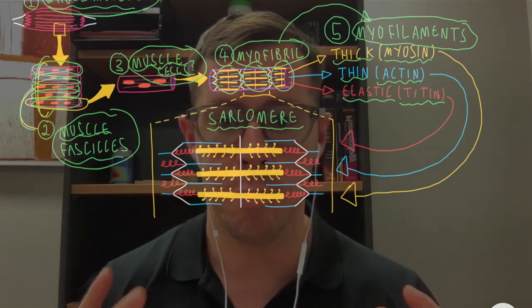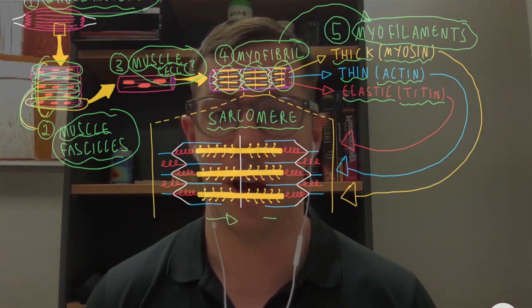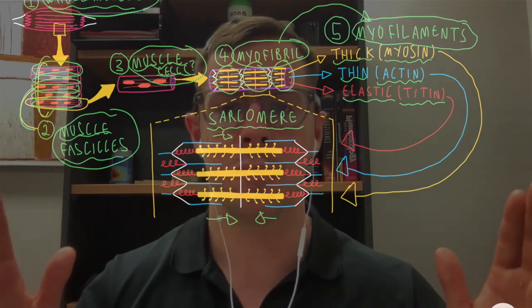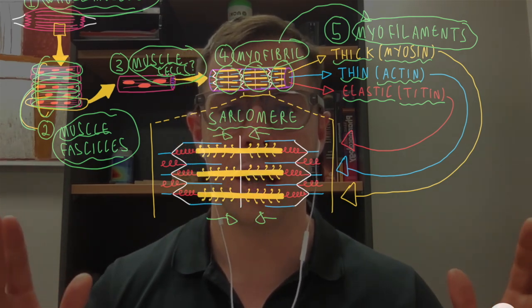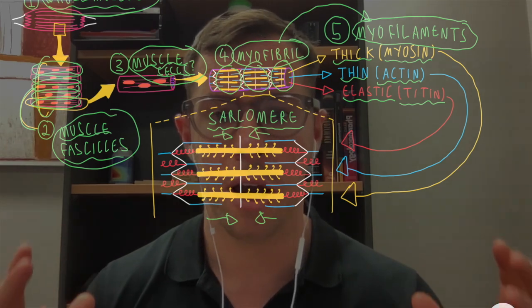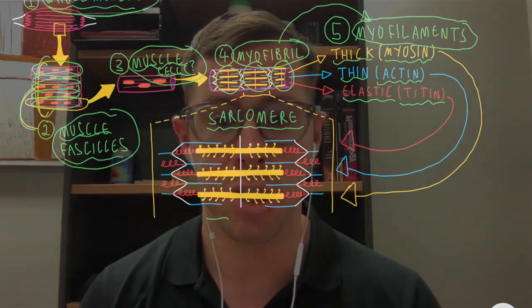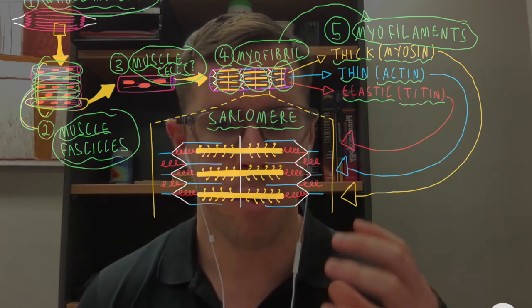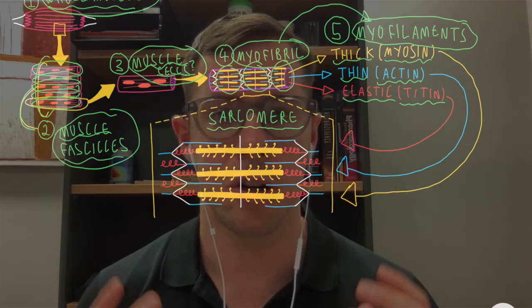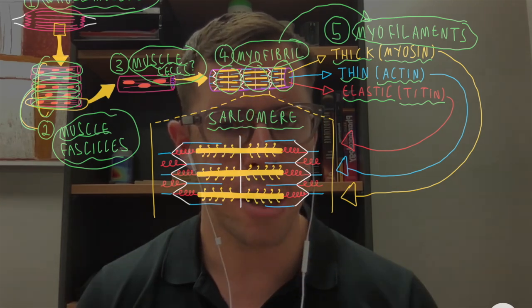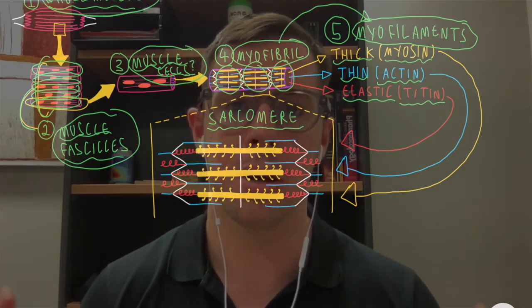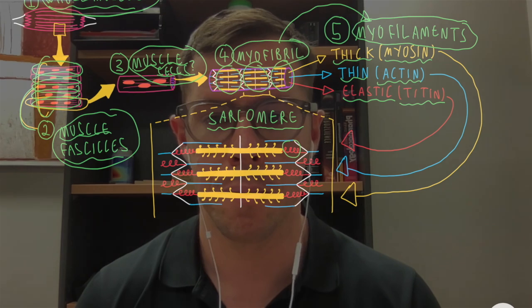So this little bit of overlap can turn into a lot of overlap as myosin pulls on or slides along actin to shorten the sarcomere, and eventually the whole muscle if we have many sarcomeres shortening. Titin essentially helps hold myosin in place.